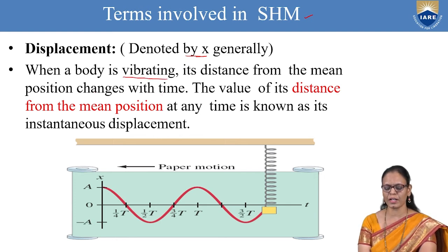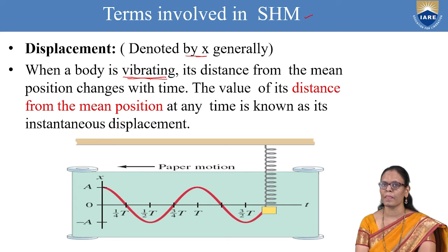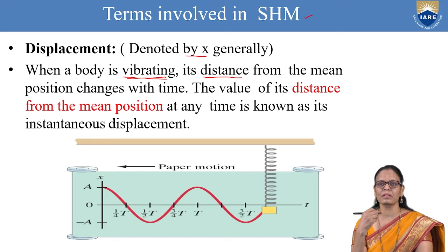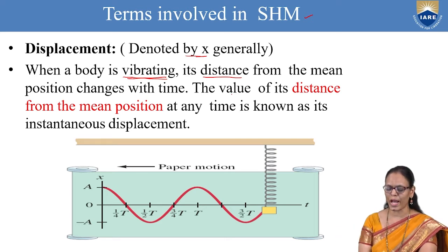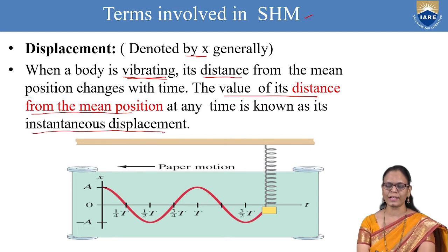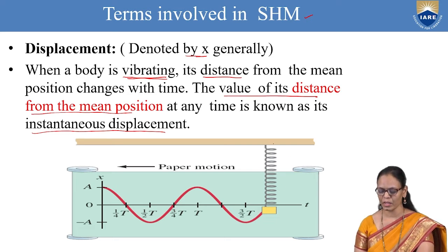Meaning, at the initial point of time, if the object is at the mean position, as the time changes, the position also changes. So the value of its distance from the mean position at any time is known as the instantaneous displacement. Let us understand this displacement with the help of this diagram.